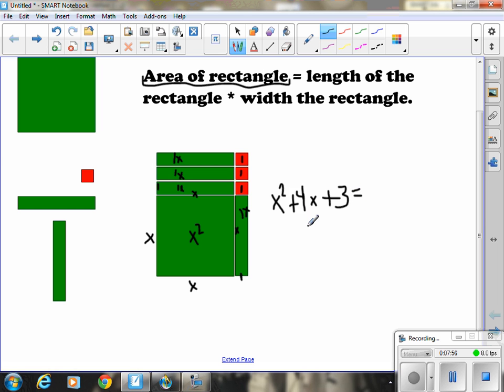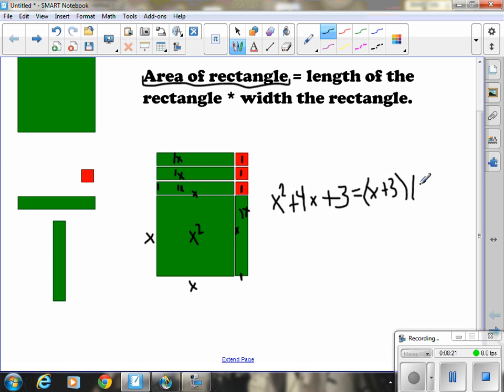And now give me the other representation of that same rectangle, which would be the length of the rectangle times the width of the rectangle. Remember, length is my longer one, so this side was x, which I extended by 3 units. So that would be x plus 3. And this side here is x units, which I extended by 1.